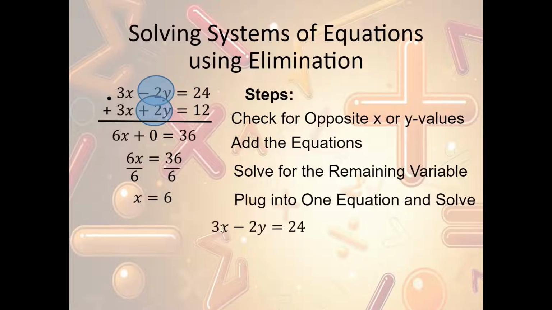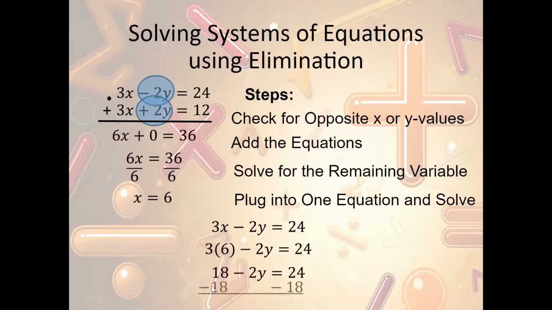So instead of 3x minus 2y is equal to 24, it's going to be 3 times 6 minus 2y is equal to 24. 3 times 6 is 18, so we get 18 minus 2y is equal to 24. We need to get rid of this 18, so we subtract 18, and we're left with negative 2y is equal to 24 minus 18 is 6. We divide both sides by negative 2, and we get y is equal to negative 3.